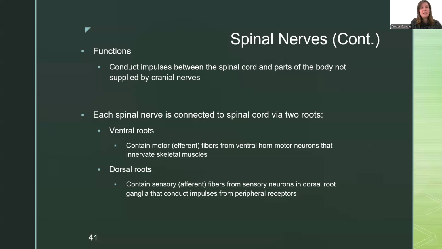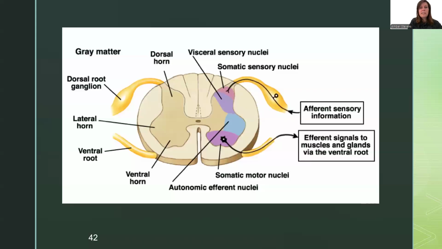Okay. But each spinal nerve is connected to the spinal cord via two roots. You have ventral roots, which have the motor function, and then you have the dorsal roots, which contain that sensory function. We're going to look at these a little bit more. Each spinal nerve, again, connects to the spinal cord by those two roots.